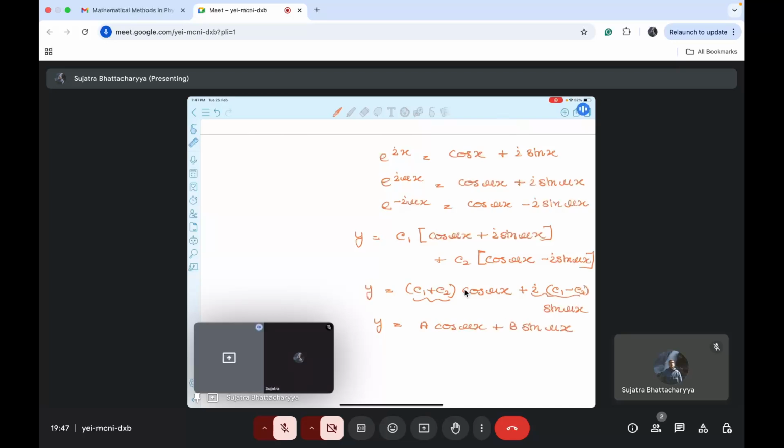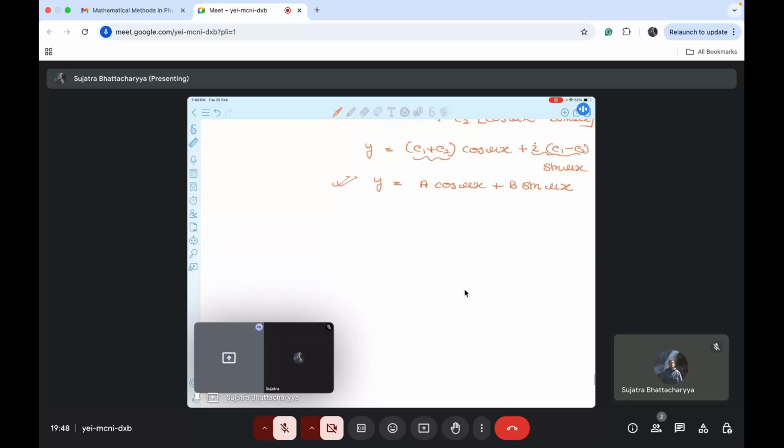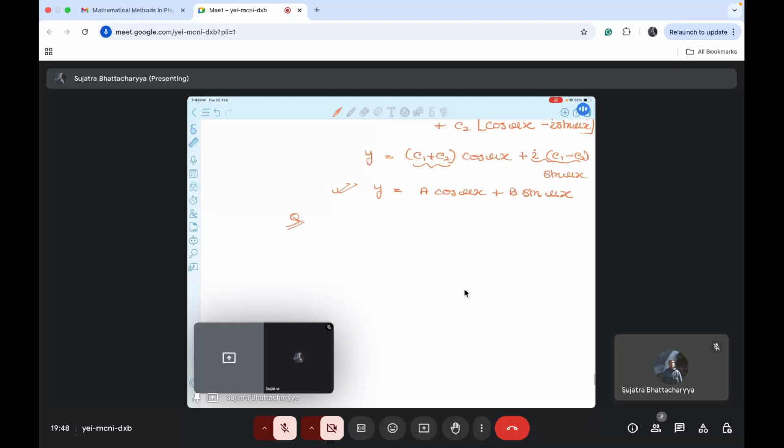That's why we write y is equal to this. And mostly you will see that for the oscillation kind of a feature, this kind of solution exists. Okay. Now, in an example, a mathematical question, let's do it and end.